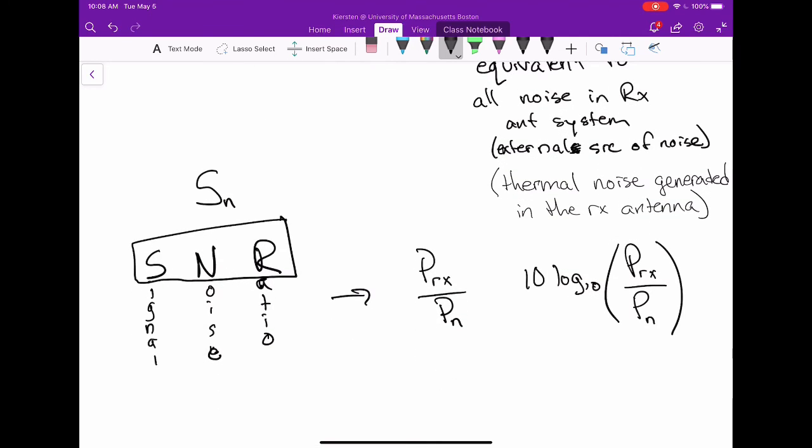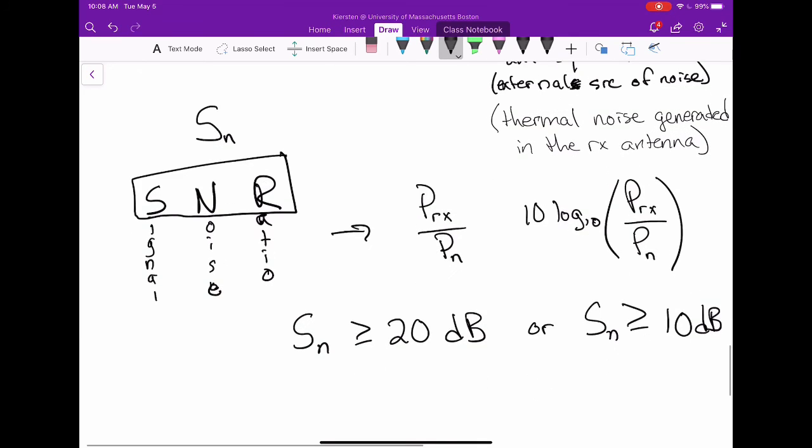So what you do is you set a threshold. I need an SNR of this much. A common number might be that you might need it greater than 20 dB or maybe 10 dB.